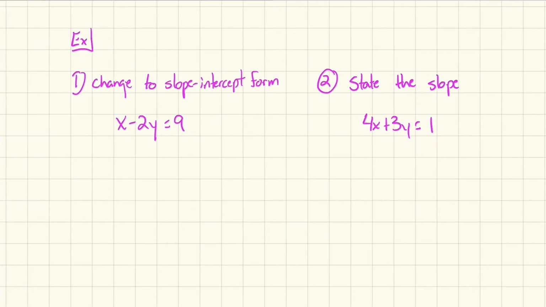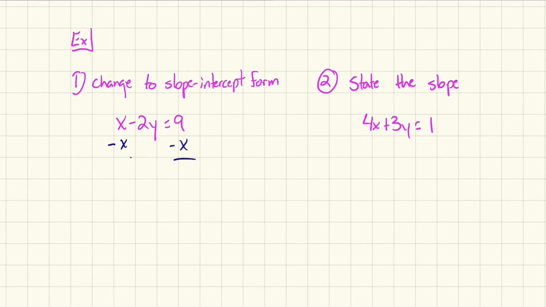We have 3 examples here that we're going to take a look at, all dealing with our formats and changing things. So, problem number 1 says change to slope-intercept form: x minus 2y equals 9. Following the steps that we had on the previous page, the first thing I'm going to do is subtract the x from both sides.